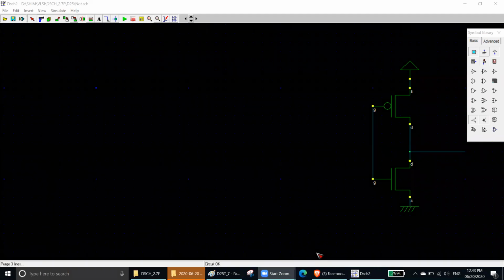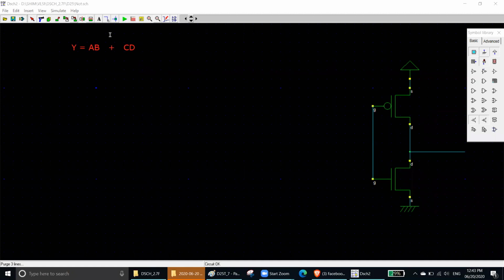Can you see the screen? Now, our expression was Y is equal to AB plus CD, not bar actually, right? This was the expression. Can you see that?